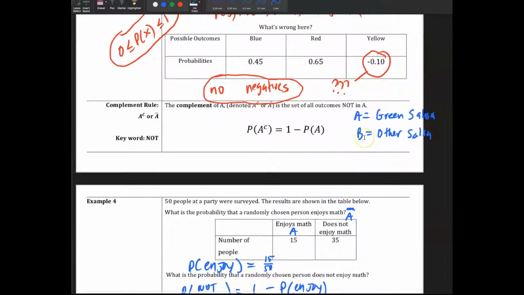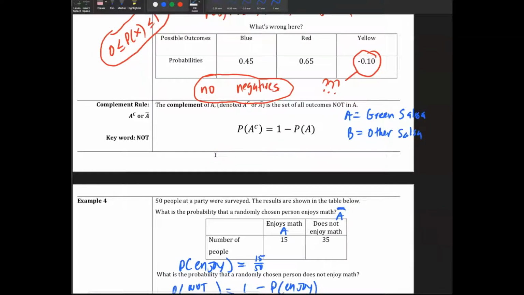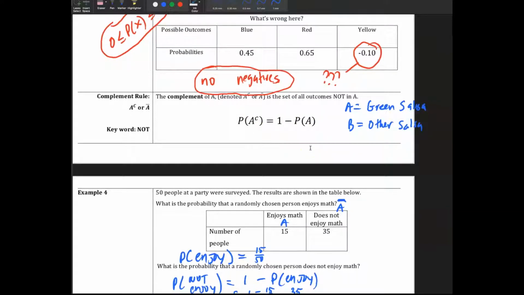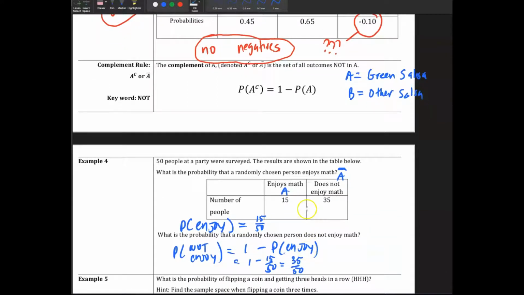I think in class when I did this, I used a salsa situation. If there's a 20% chance that people like green salsa, what's the probability that they like another salsa, other than green? It would be 1 minus 20%. It's the leftover of the 100%. So it's a form of thinking we use to solve some problems.